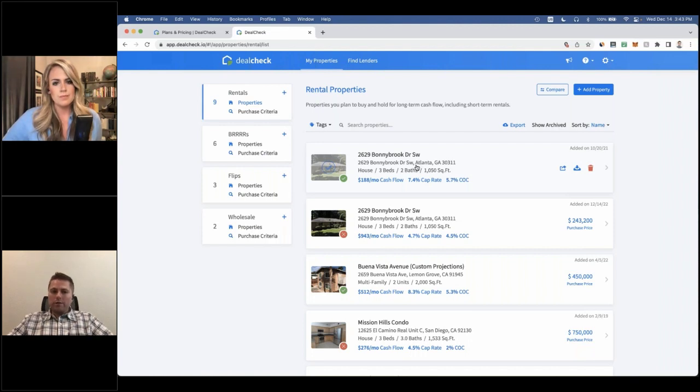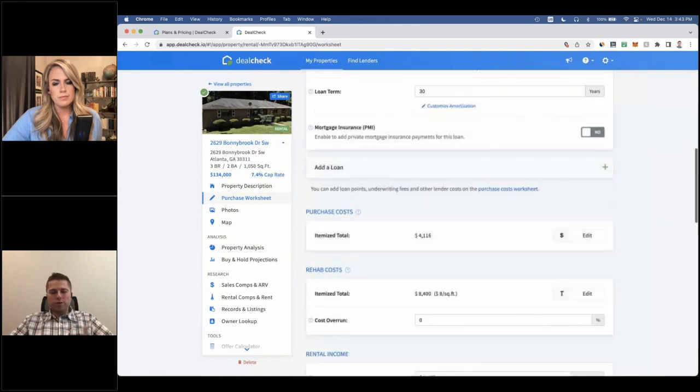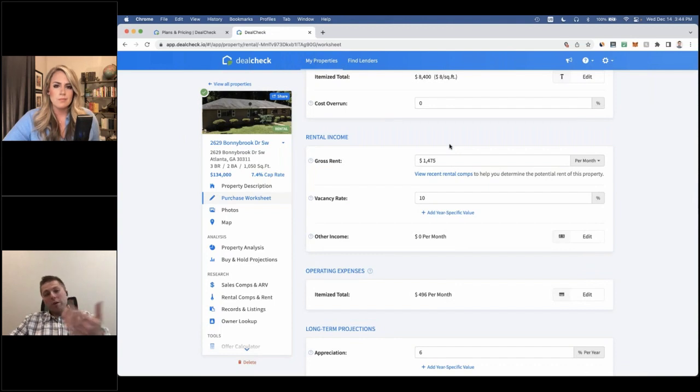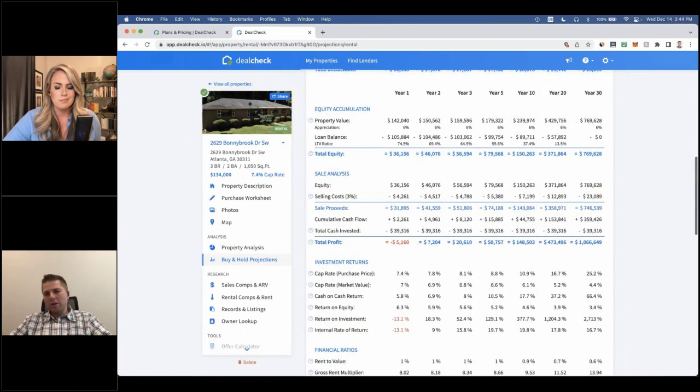Actually understand how the numbers are calculated, go through the process of filling in the worksheet with the various assumptions and expenses, and play around with them. It doesn't even have to be a real property, or maybe a property you find on the RealWealth website that piqued your interest. Maybe you're not going to buy it immediately, but play around with the assumptions, look at how long-term projections affect your cash flow, profit, and equity over time, and get comfortable with this process, because when you have the capital and you're ready to invest, properties may go quickly, even turnkey properties.